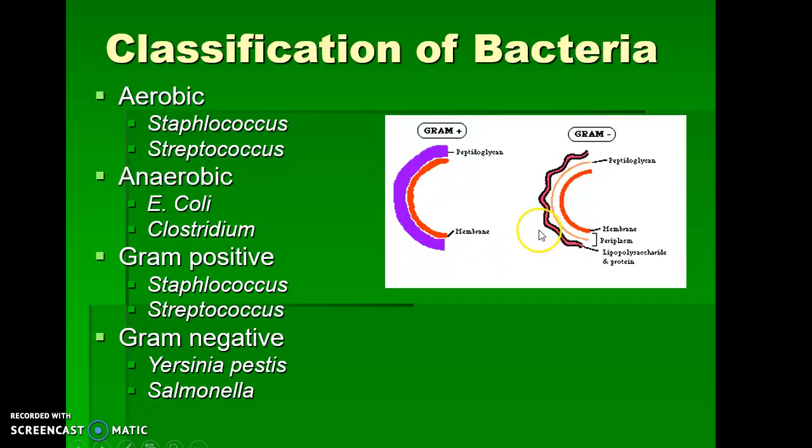A gram-negative bacteria, on the other hand, has an outer layer, usually a lipopolysaccharide and protein type layer on the outside, that basically protects this peptidoglycan layer. So the peptidoglycan layer is the one that will take up the stain. In this case, this outer layer does not.